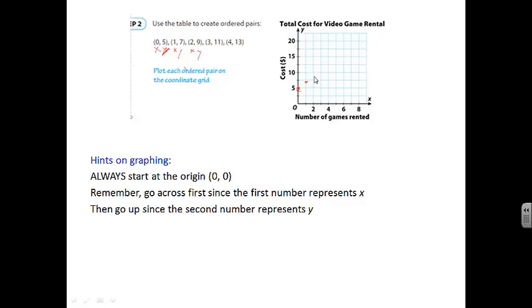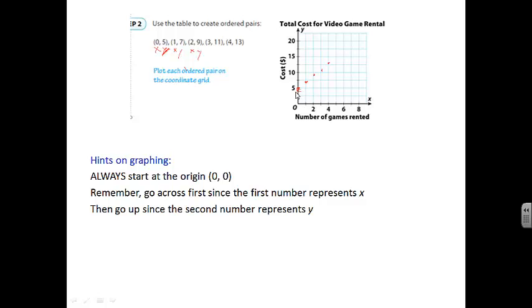And then 2 and 9, it's going to go just a little under that 10. 3 and 11 is going to go a little over the 10. And 4 and 13, remember, 10, 12.5, so it's going to go just a little bit over there.